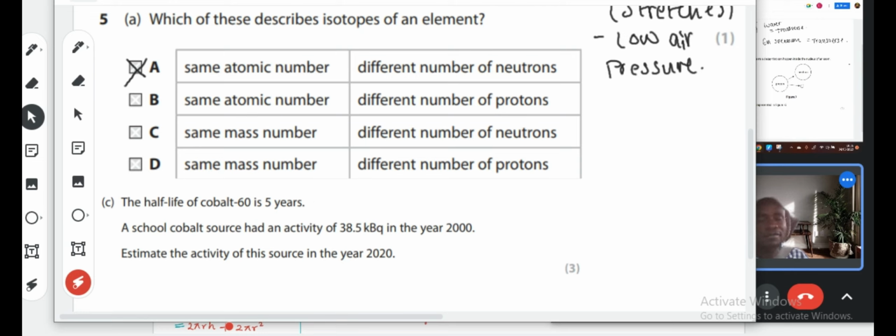What's half-life? Well, you have an idea. Think about the term half.